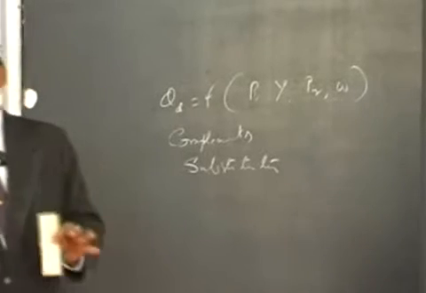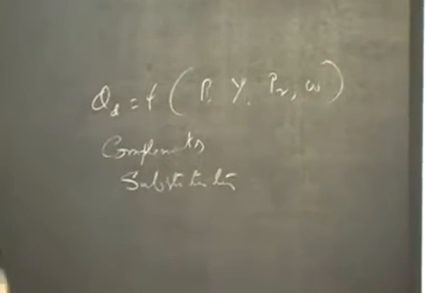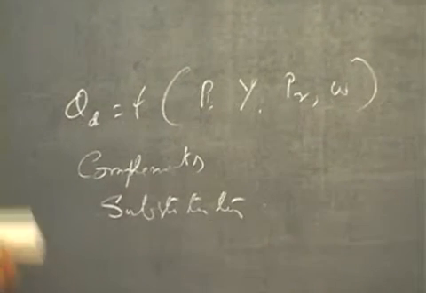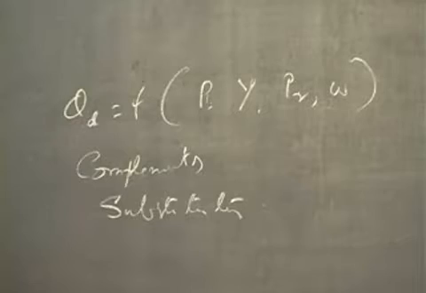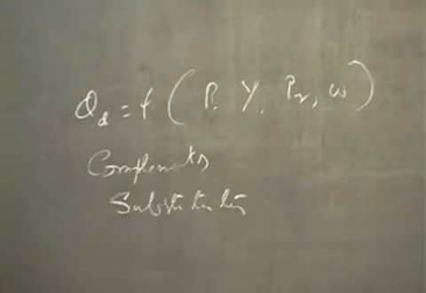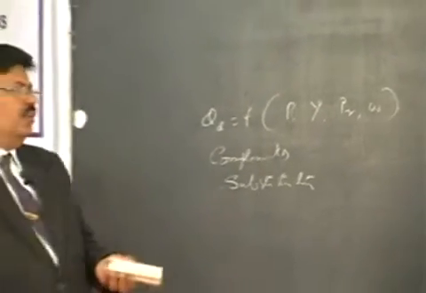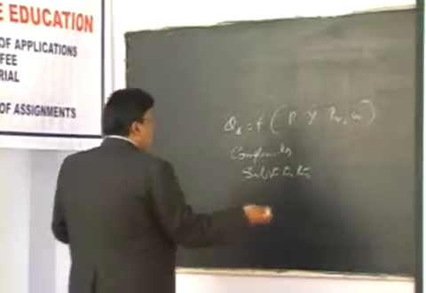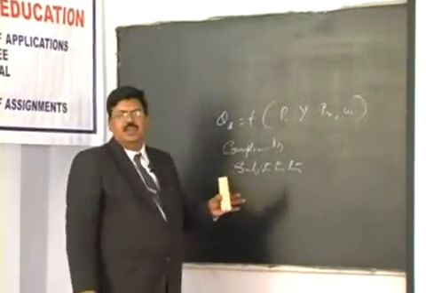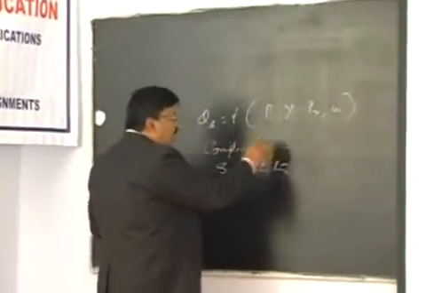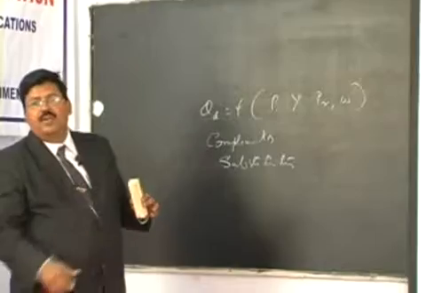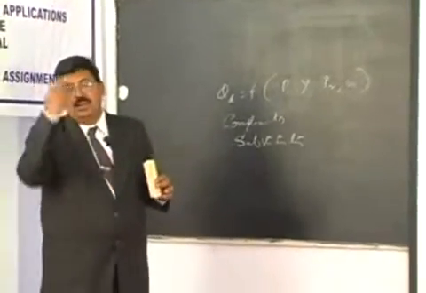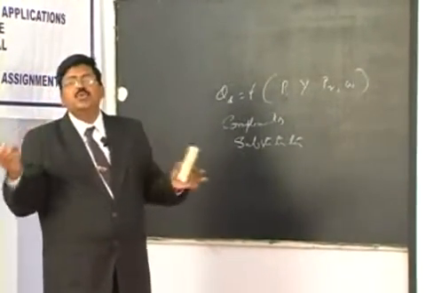Substitutes are those commodities that replace the use of this commodity. For example, one brand of TV to that of another brand of TV, or one brand of toothpaste to another brand of toothpaste. It can replace the commodity, that is called a substitute. And complementaries go together, like scooter and petrol, or car and petrol, gasoline. So you have to use them together.